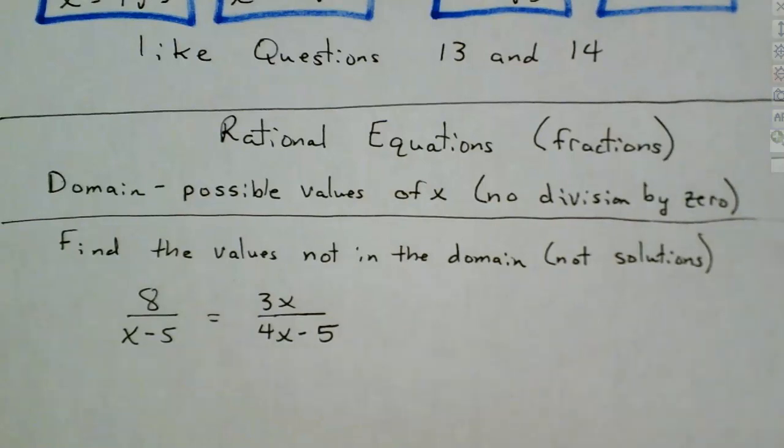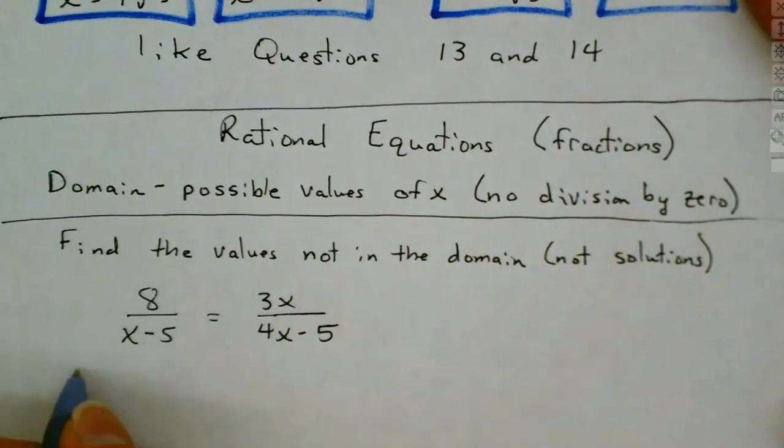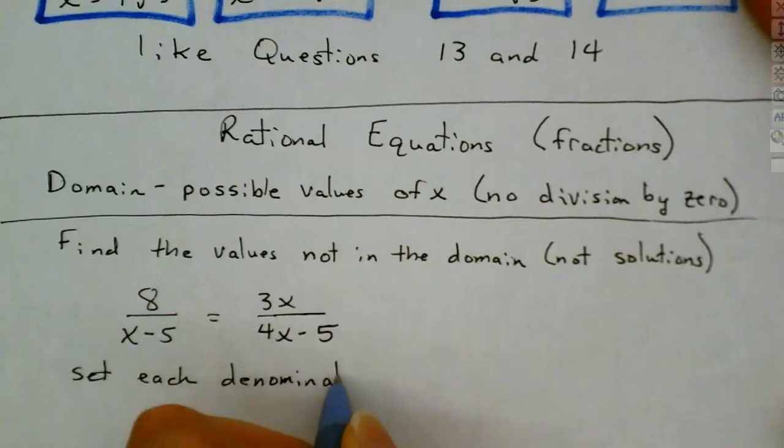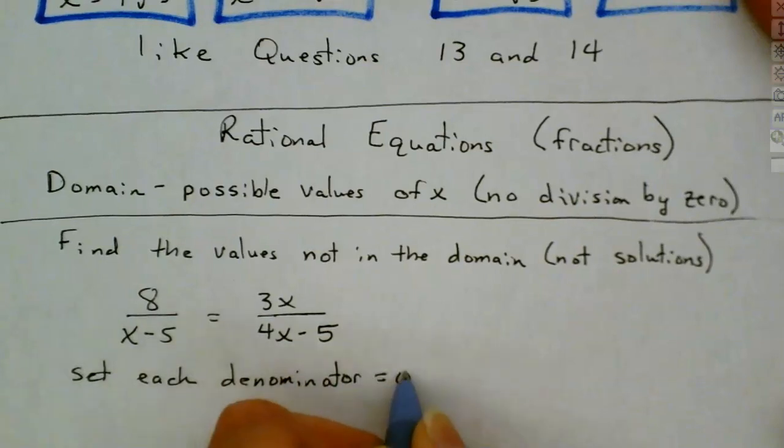What we're going to be doing is finding the values not in the domain, the ones that are not possibly a solution. And that means no division by 0. So we're going to set each denominator to 0. And we're going to solve.